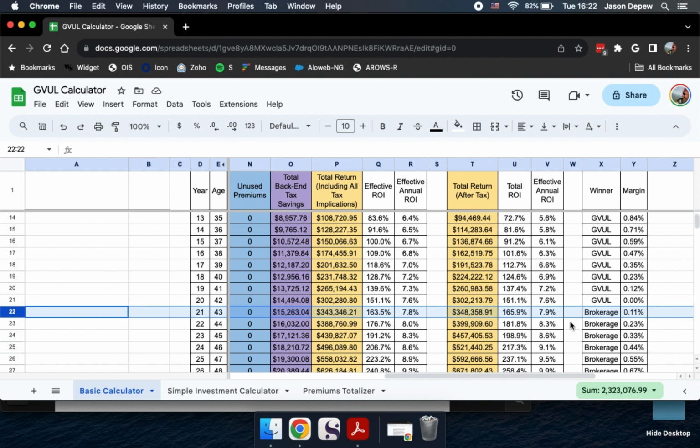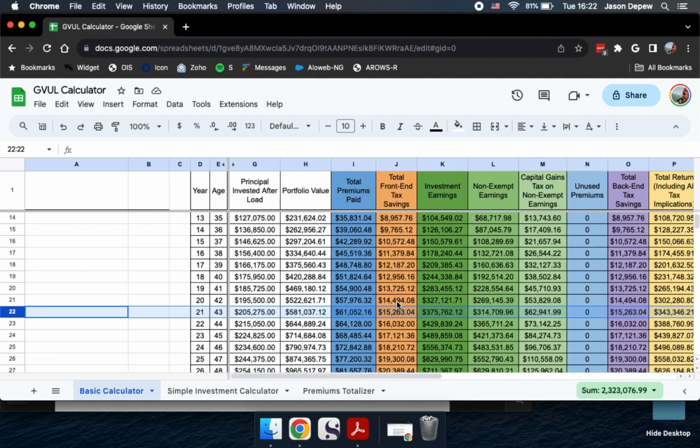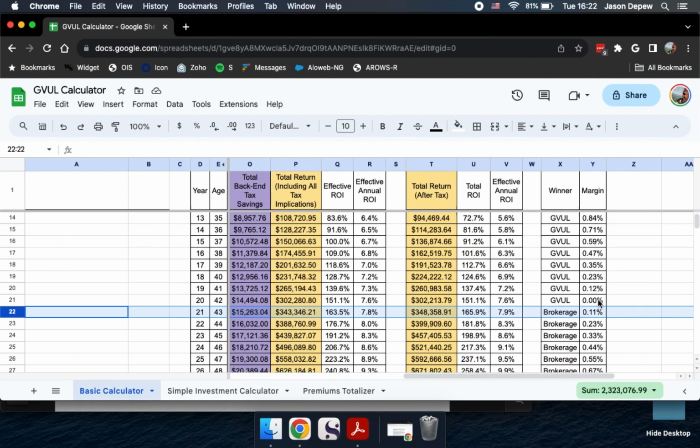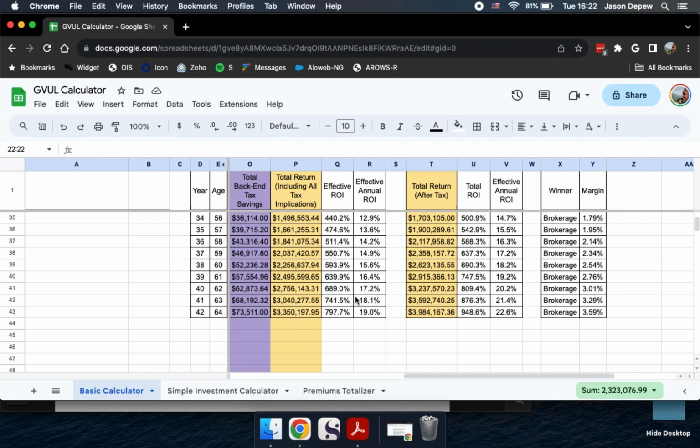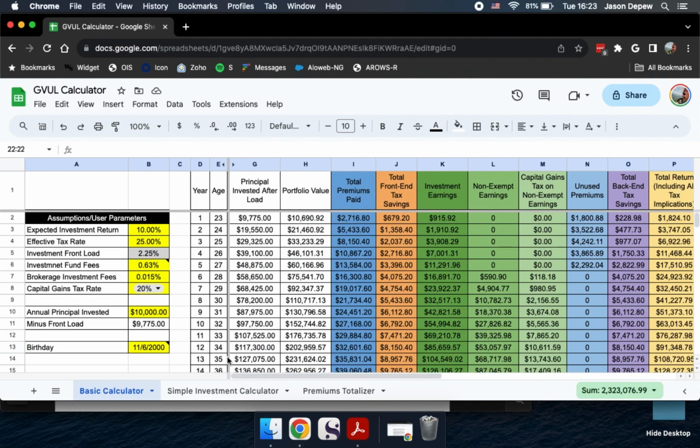So at that point, the fees from the GVUL and the premiums getting used up kind of eliminate the advantage, and the advantage starts going to the brokerage account. So if you are brand new at Delta and you're 23 years old and you're planning to keep your money in this plan until 42 years from now, the brokerage account is going to be better by about 3.5%. There you go. That's one scenario.